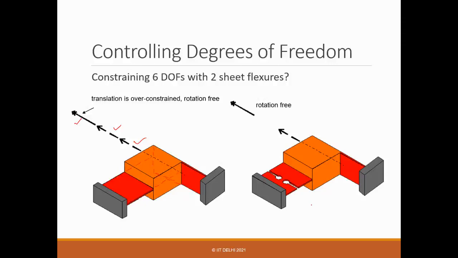If you take that line and try to rotate, both can rotate, because this is the out-of-plane rotation we are talking about. So this can rotate, and this can also rotate. So none of them will constrain that rotation. Translation, yes, both are getting constrained.